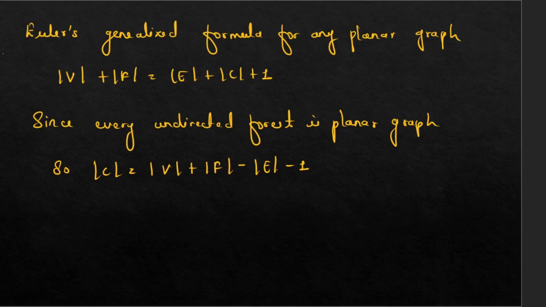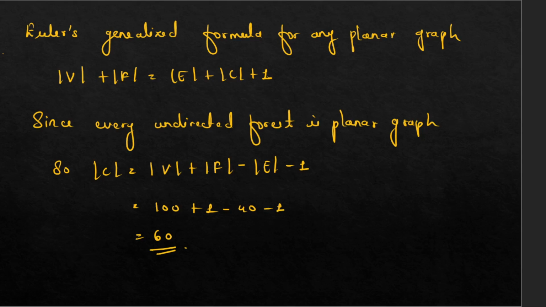We want C, right? Can you all calculate here as well? So it will be 100 plus 1 minus 40 minus 1. The answer is 60. So this is another way to solve the question.